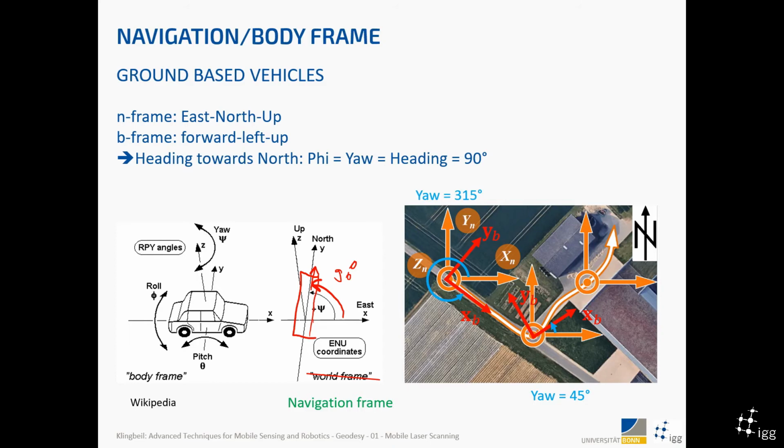So this is sometimes quite helpful to really think about how these angles are actually created. From my experience, even after 10 years of working with these things, sometimes you need to think about it every time again, and you make a lot of errors when it comes to those definitions of coordinate systems.